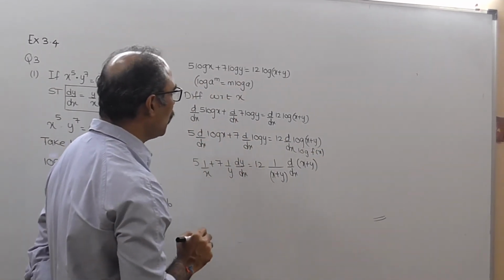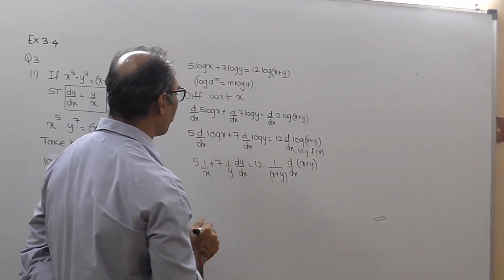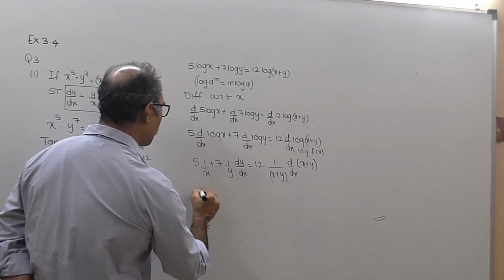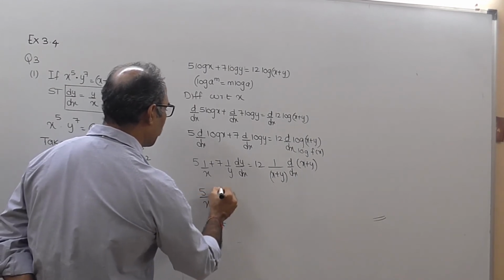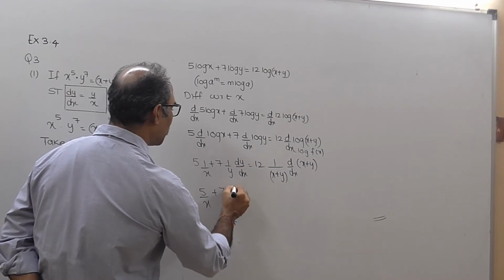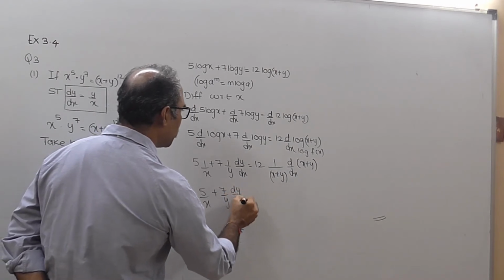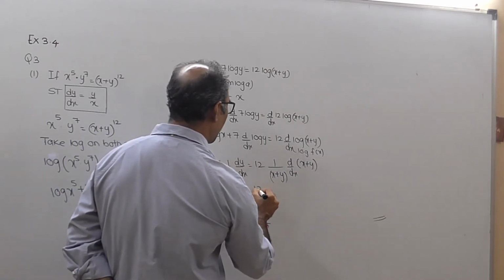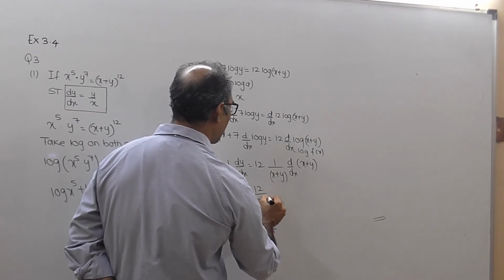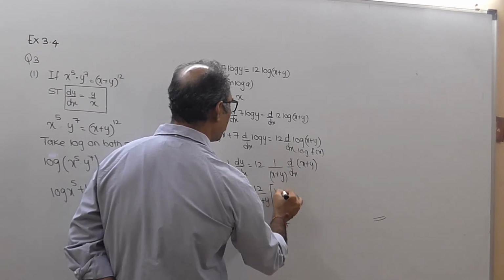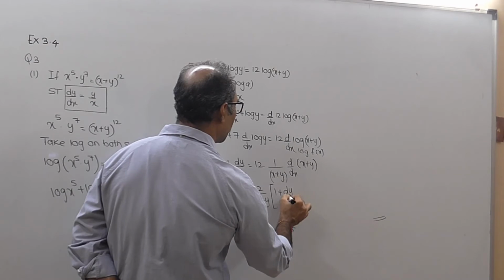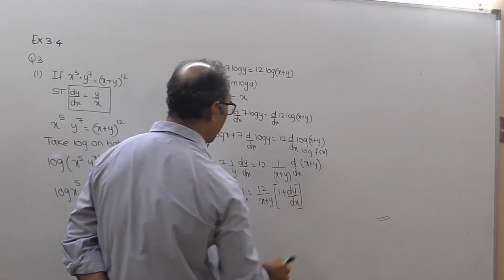Sorry, log f of x, that is equal to 1 upon f of x, d by dx of f of x. So this is 5 upon x plus 7 upon y, dy by dx equal to 12 into 1, 12 upon x plus y. x is 1, y is dy by dx.